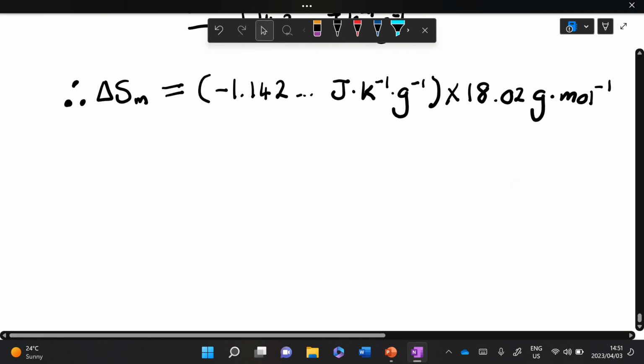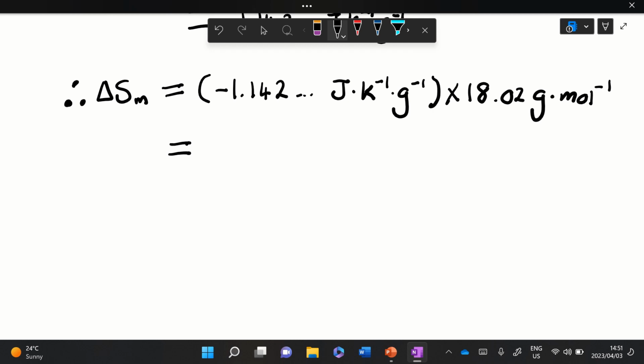Why that value? Because that is the molar mass of water. So the grams are going to cancel and then we get the per mole.